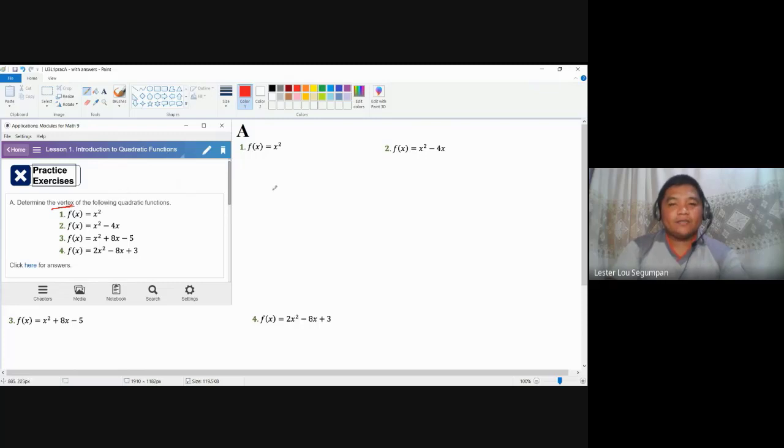The vertex of the quadratic function again is determined as the turning point. But there is a specific formula for us to determine the vertex of the quadratic function. That is the formula which will use the a, b, and c coefficients, which are the coefficients of the quadratic expression in standard form.